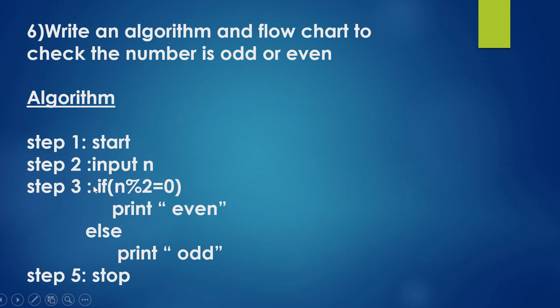Then step 3, if n mod 2 equal to 0, that number is an even number. Else means this n mod 2 is not equal to 0. Else print odd number. Then step 5, stop. This is the algorithm to find out whether a number is odd or even.